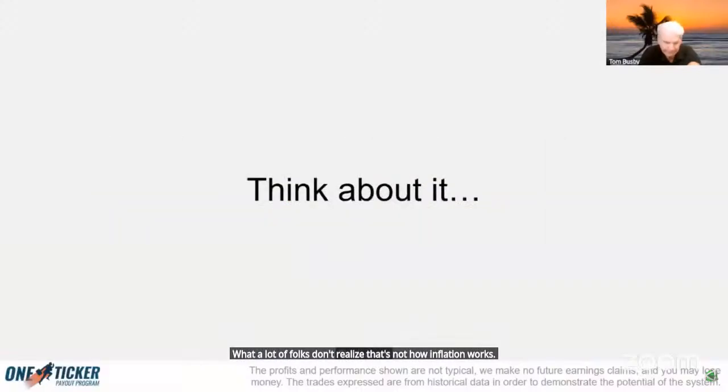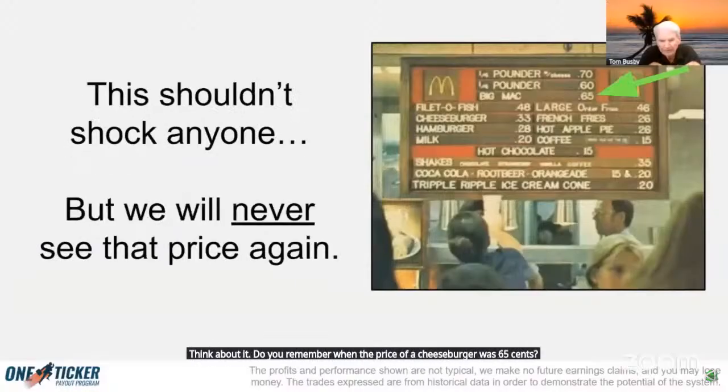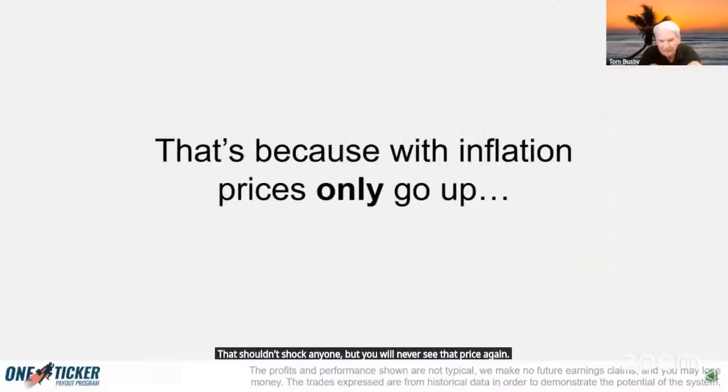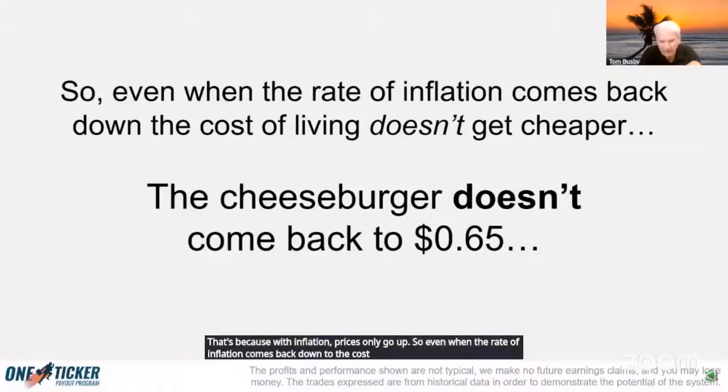Think about it. You remember when the price of a cheeseburger was 65 cents? That shouldn't shock anyone, but you will never see that price again. That's because with inflation, prices only go up. So even when the rate of inflation comes back down, the cost of living doesn't get cheaper.